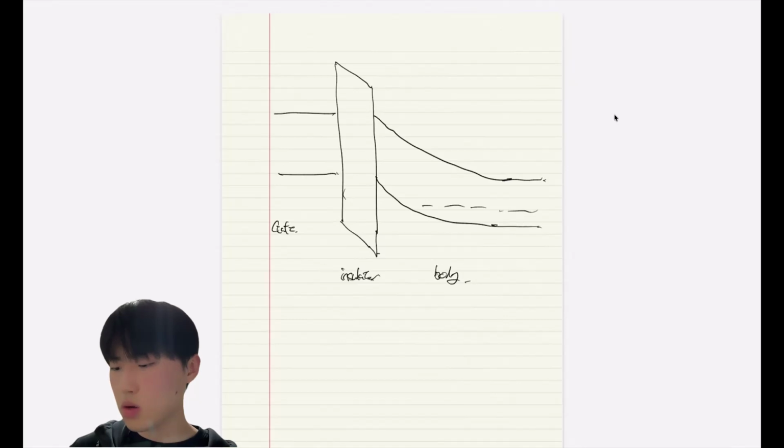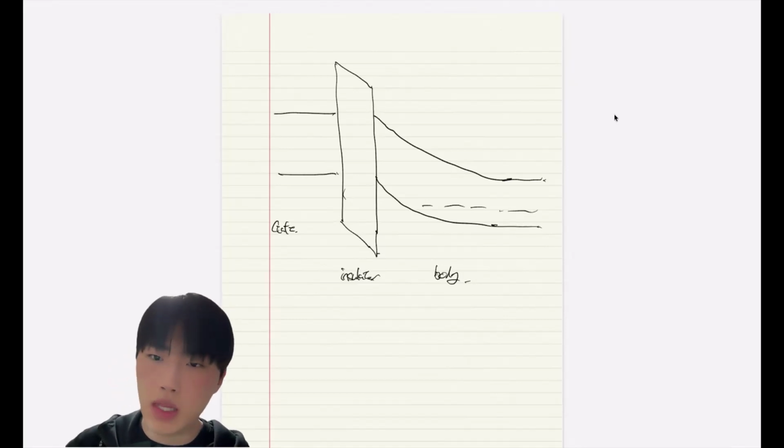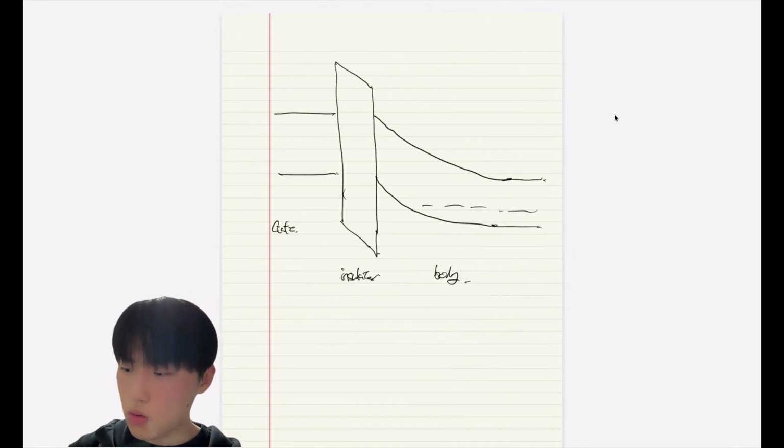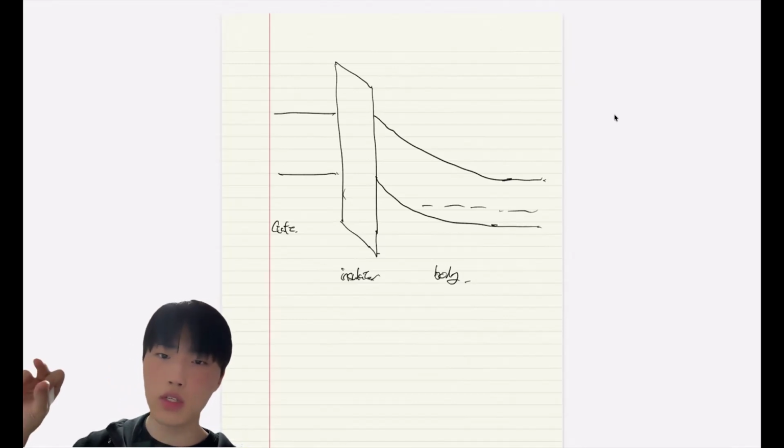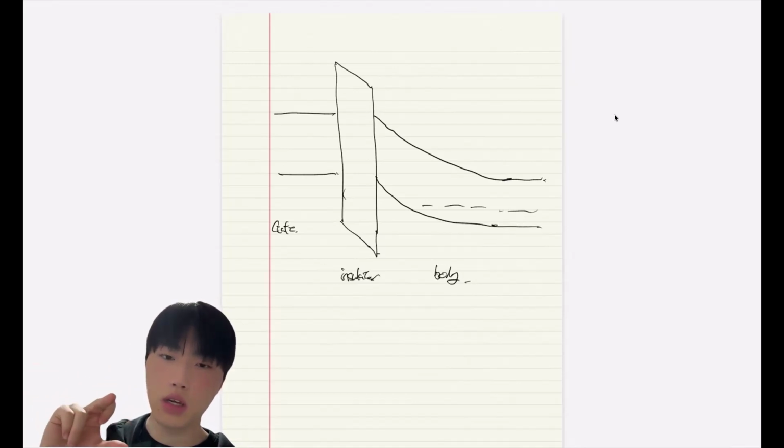So let's look at the Fermi level. When there is zero bias, so it's the equilibrium condition, the difference between the Fermi level and the valence band is increasing.